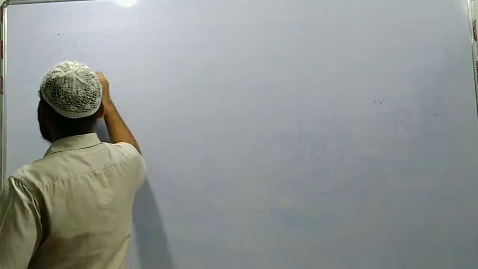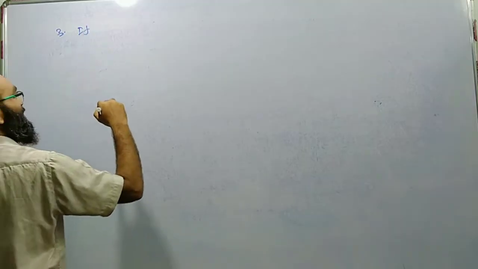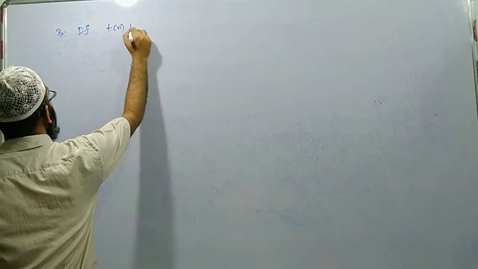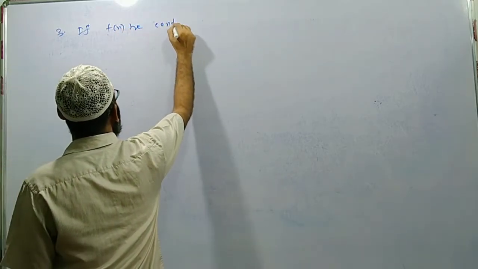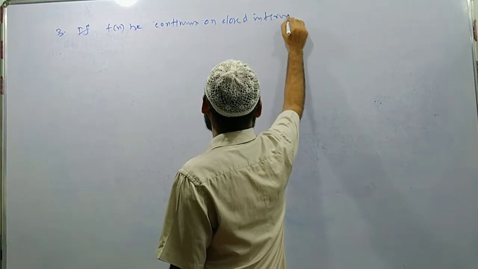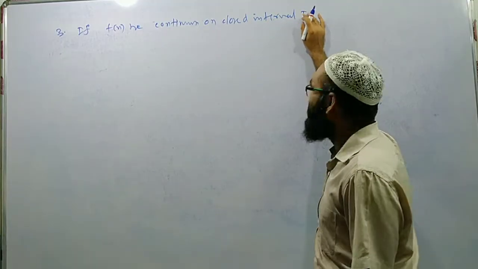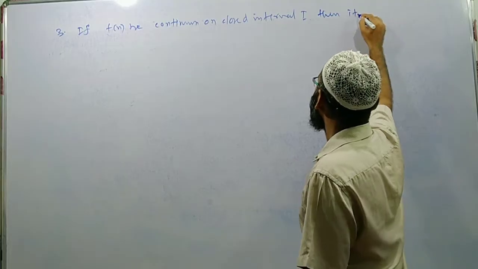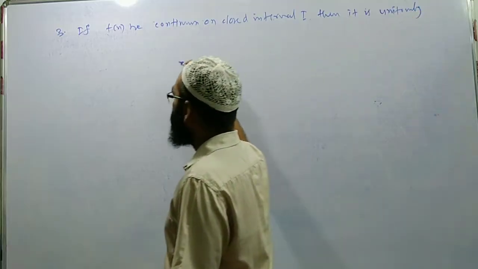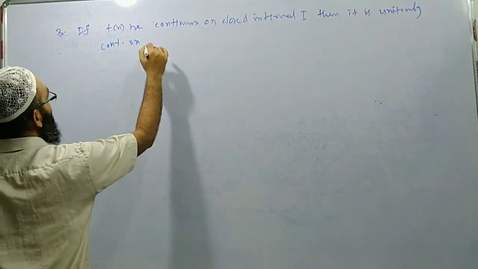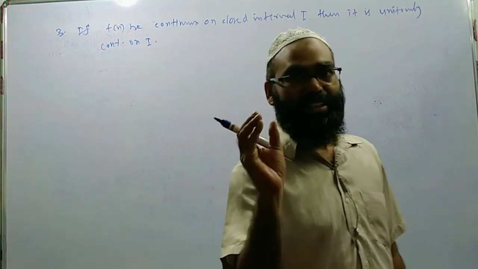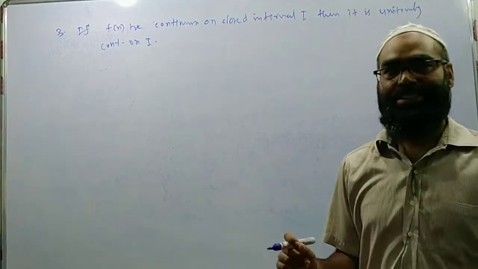Next, number 3, if f(x) be continuous on a closed interval I, then it is uniformly continuous on I. If the interval be closed, then continuity implies uniform continuity.